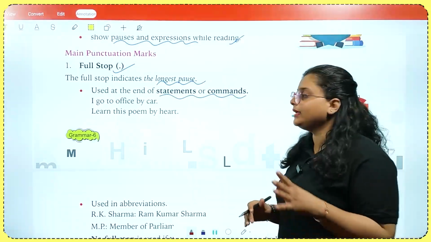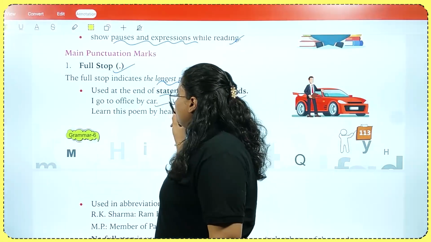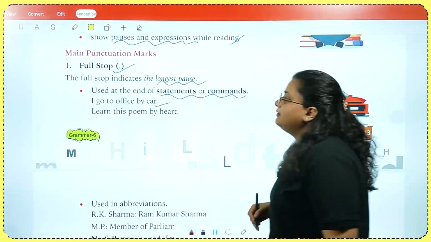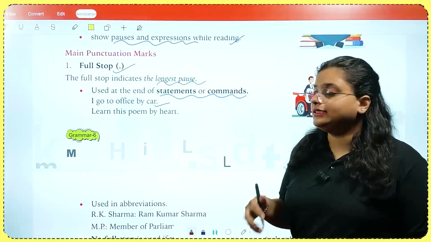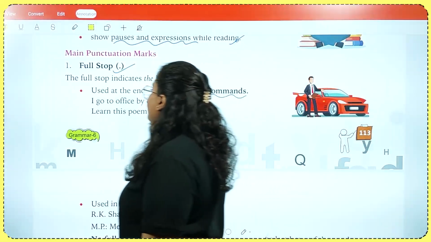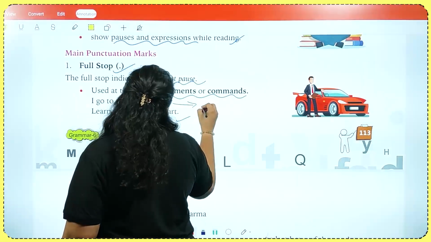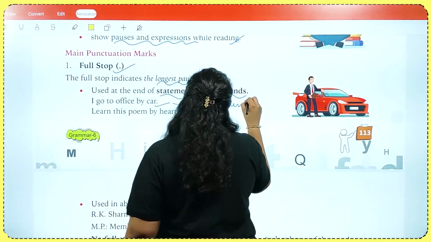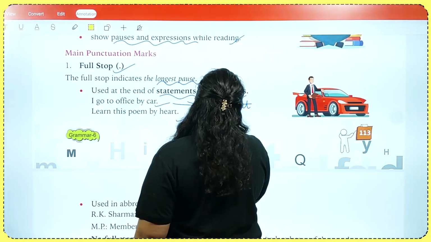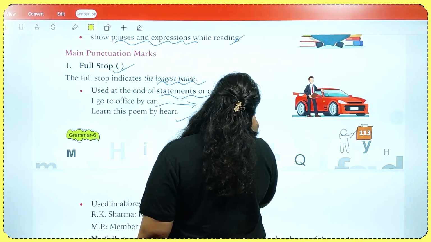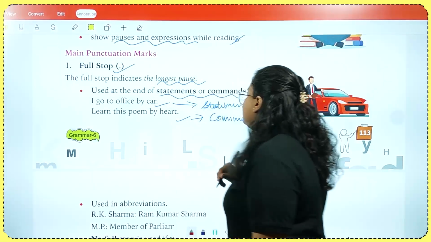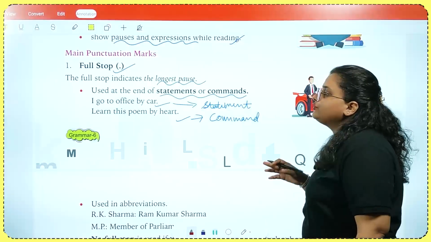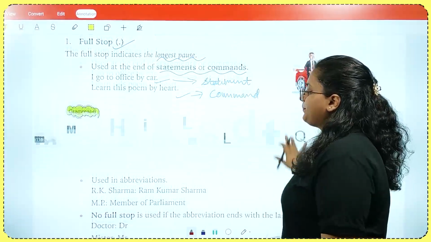This is a statement and at the end there was a full stop. Learn this poem by heart. This is a command. Okay, the first one was a statement and the second one was a command. Okay, in statements and in commands we use full stop.